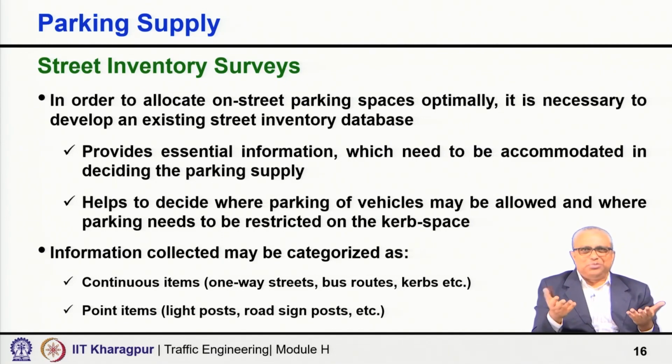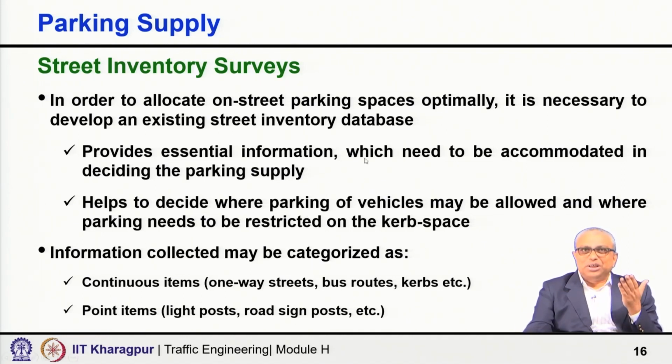You will have a map showing the road, showing the buildings, grossly showing the features, but often the map will not be updated. So, what you have to do? You have to actually do a street inventory survey to get an updated map of the area, streets particularly and the adjoining area, as realistic as possible, because that itself is going to be used for deciding the parking supply.